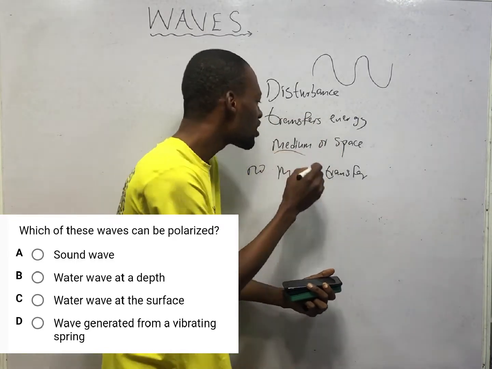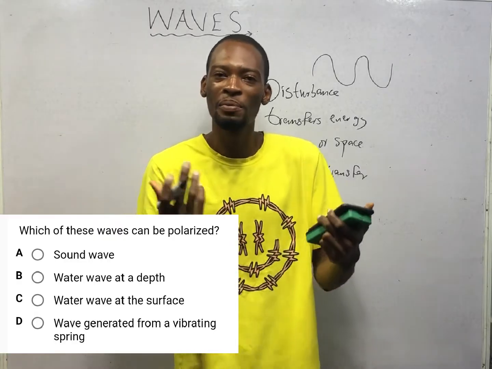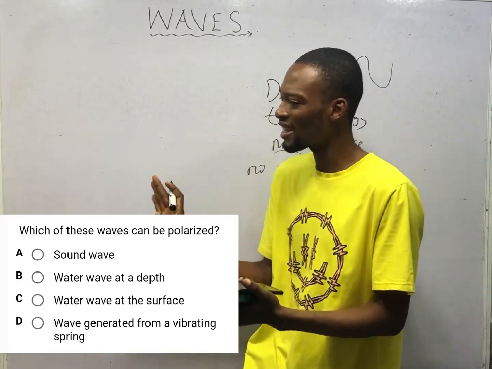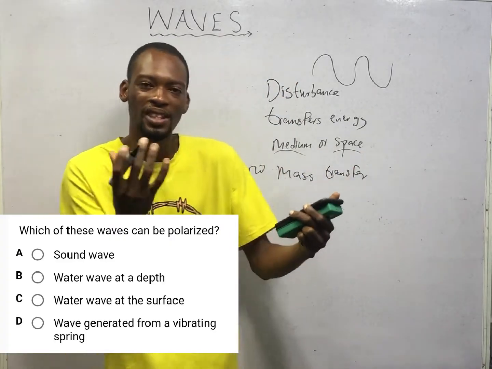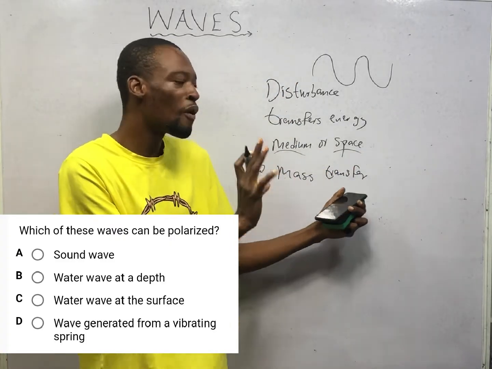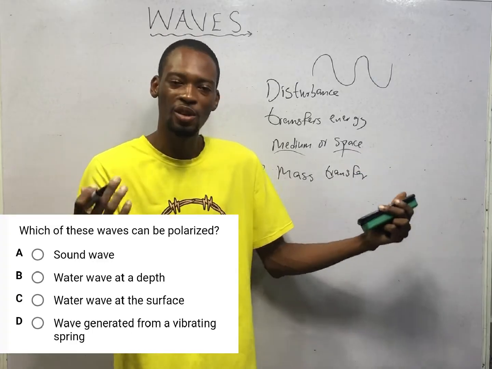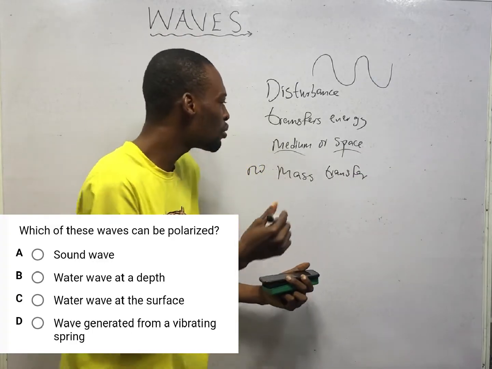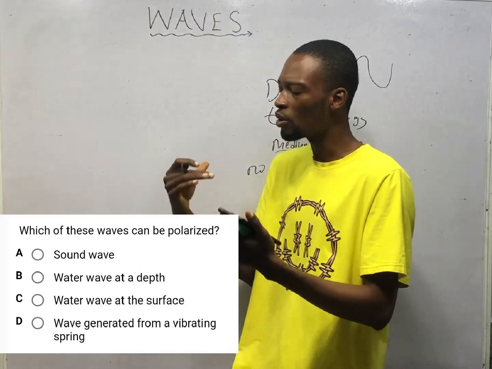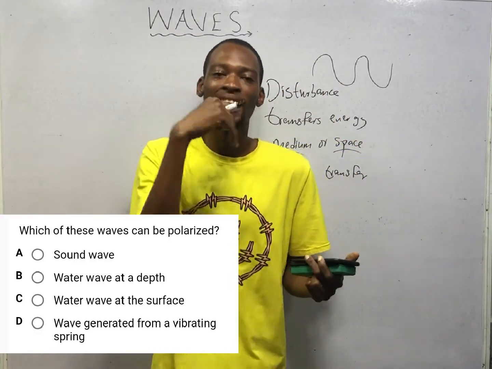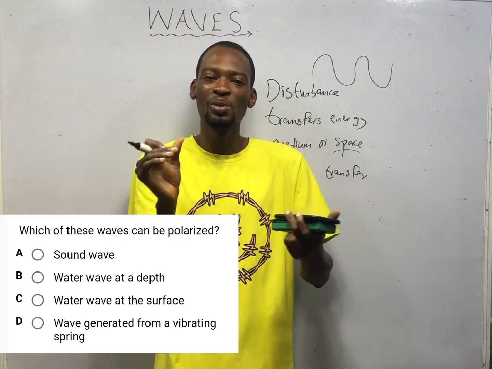Through a medium means some waves require a medium, matter or material to pass through, while space means some waves don't really need material, medium or matter to propagate. For example, sound requires a medium to propagate. If I say hello, you are able to hear me due to air.